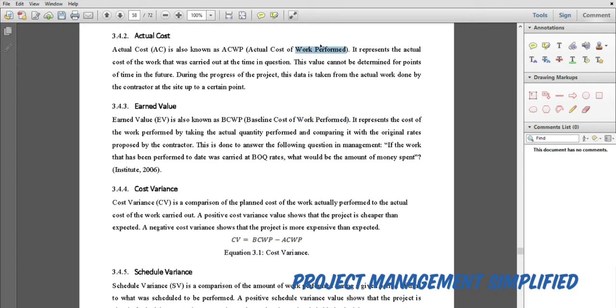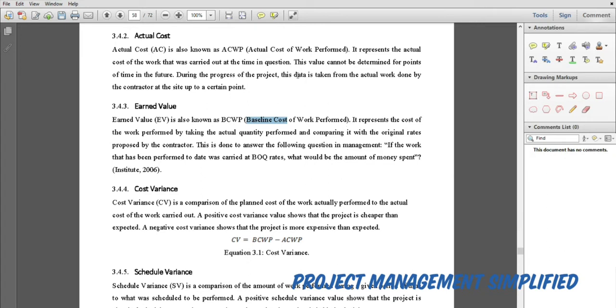This work performed is the same work performed. But here, how much we have spent so far is the actual cost. And here is what we were supposed to spend for the work that we have performed up to date.